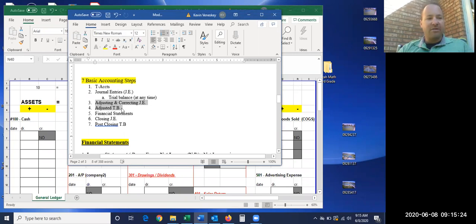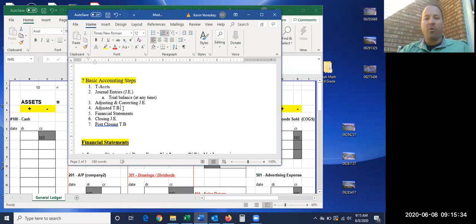Think of the adjusted trial balance as a final balance of all of your accounts. It tells you where you're at at the end of usually the month or the end of the year. Once you have all of your accounts, you put them in nice, neat statements. And that's what we're going to do today. We're going to look at those financial statements, that end product that we send off to our customers.